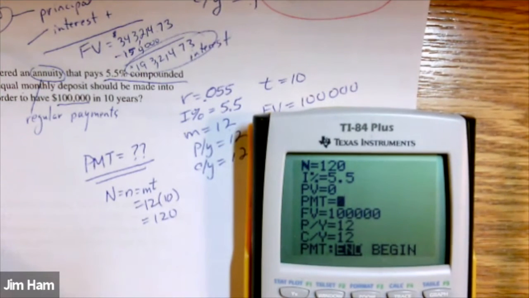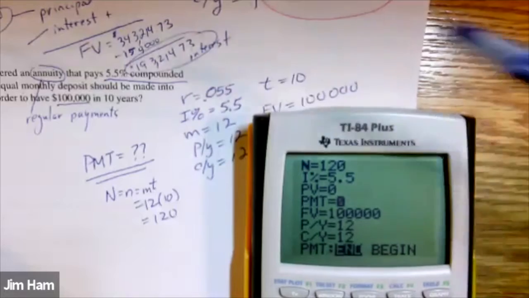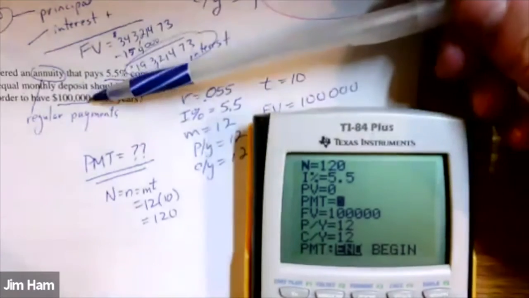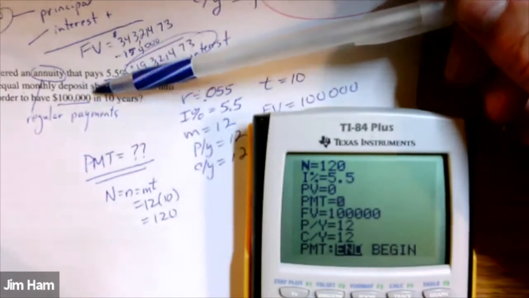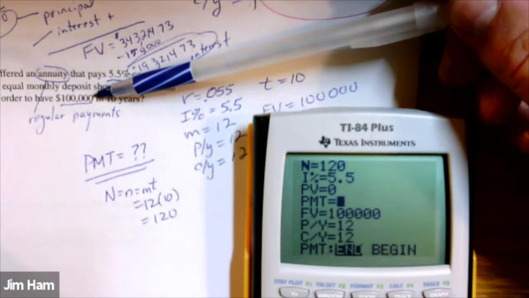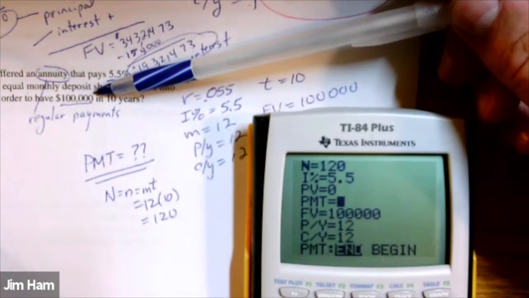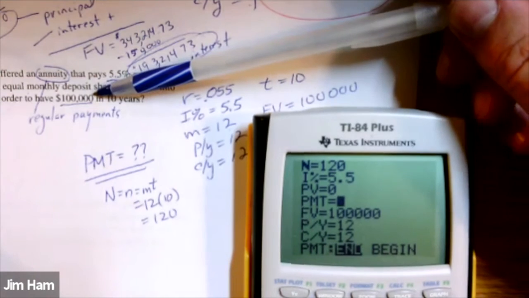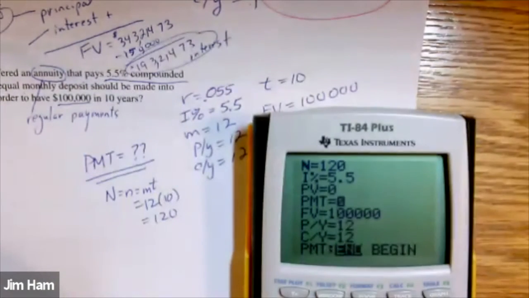All right, so this is 10 years, and you're going to make some payments. If you divide this 100,000 by 10 for 10 years, that means $10,000 should be invested every year. If you broke it down by the month, then $10,000 divided by 12 is maybe $9,000?